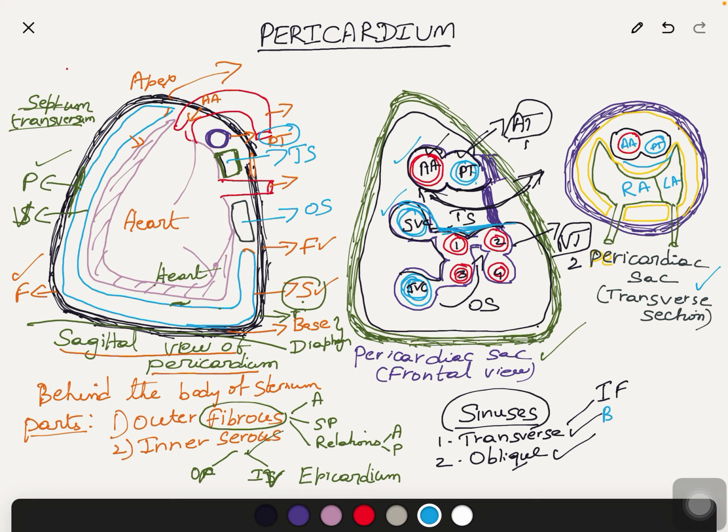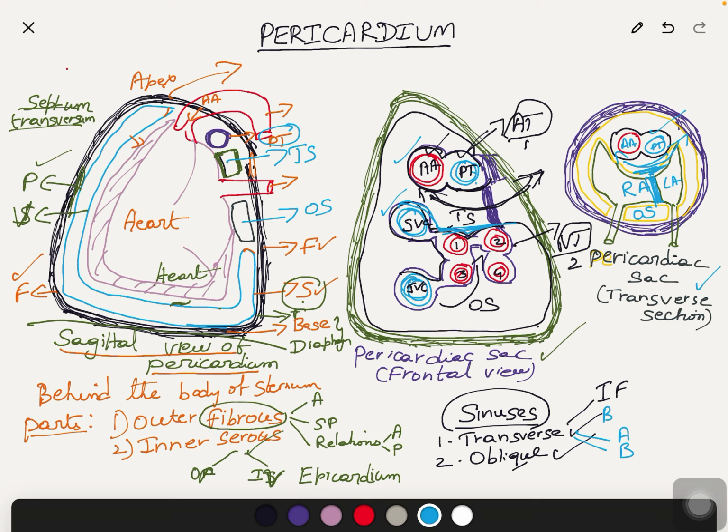This is the transverse sinus and this is the oblique sinus. Above, bifurcation of pulmonary trunk. Below, the upper surface of the left atrium. If you draw this partition here, you can understand it. So those are the boundaries of the transverse sinus in front, behind, above and below.